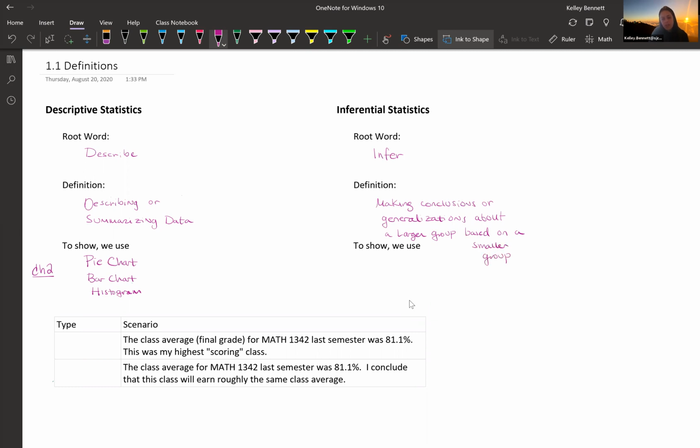And in chapter 8, we're going to see how to construct confidence intervals. This is just one example of inferential statistics. And again, if you don't know what a confidence interval is, that's great because I'm hoping to explain that to you in chapter 8.